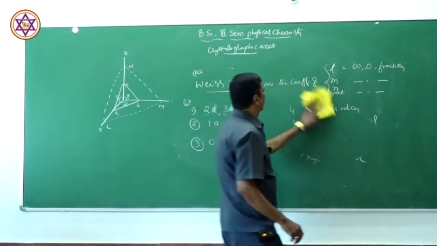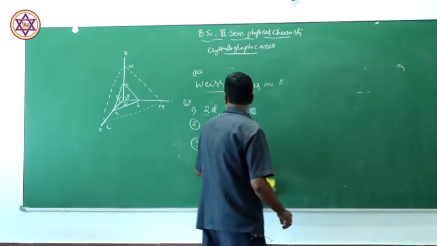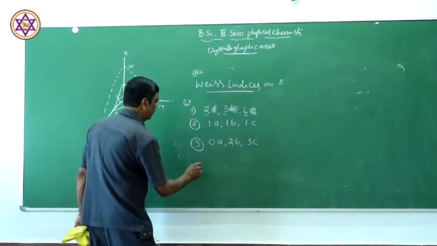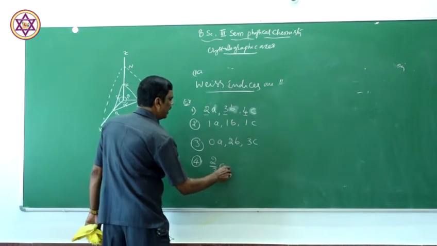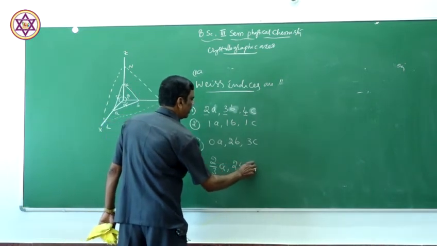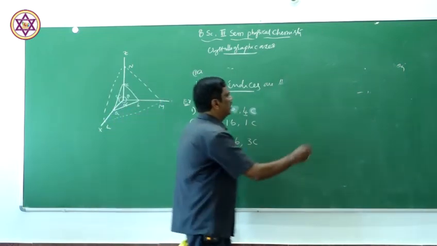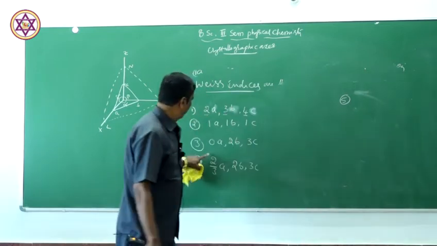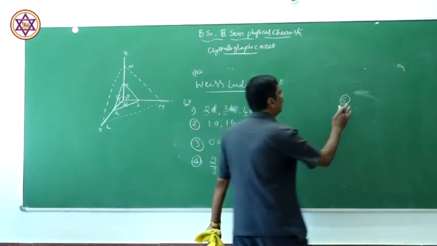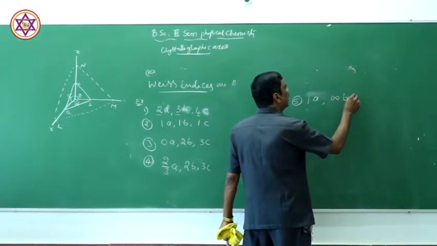In some cases it may be a fraction, like 2 by 3a, 2b, 3c. In some cases, it may be 0, it may be a fraction, and it may be infinity: 1a, infinity b, 3c.